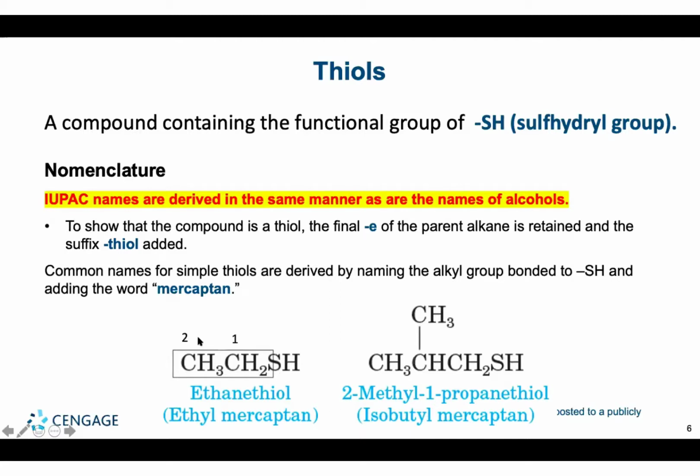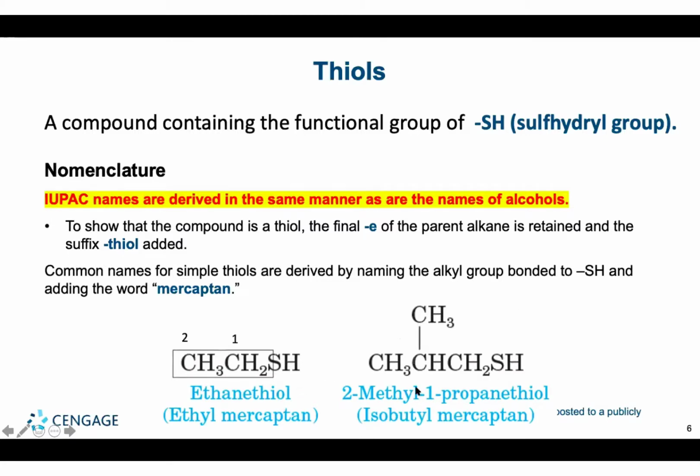Only carbons should be part of the longest chain, because we call it the longest chain of carbon. Here we call it ethane thiol. So we add the thiol at the end as a suffix. Ethanethiol. We don't need to put ethane-1-thiol because it's already carbon 1. In carbon 1 we have the SH group, so we don't need to put ethane-1-thiol.